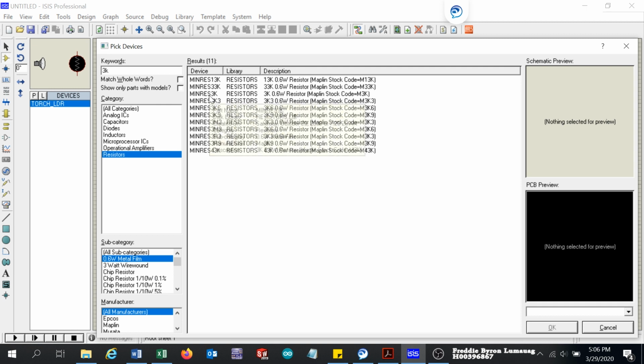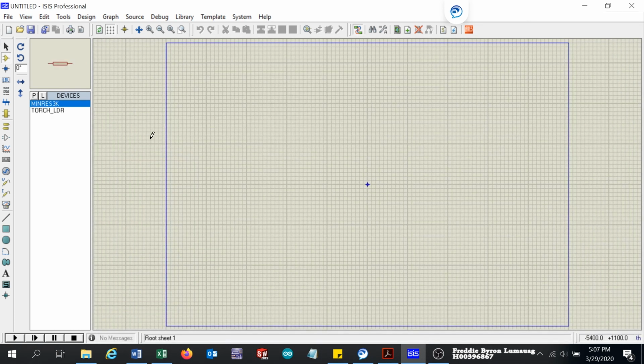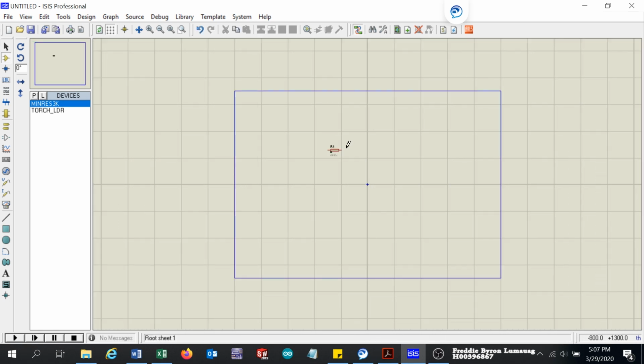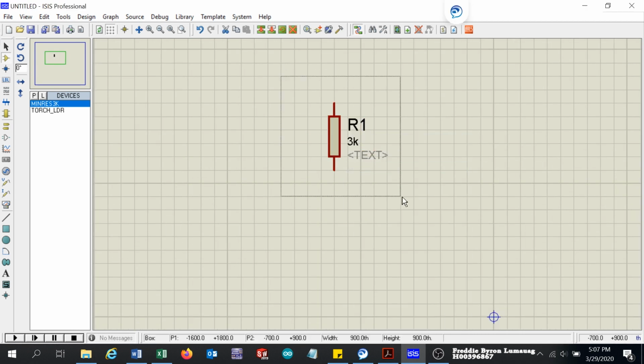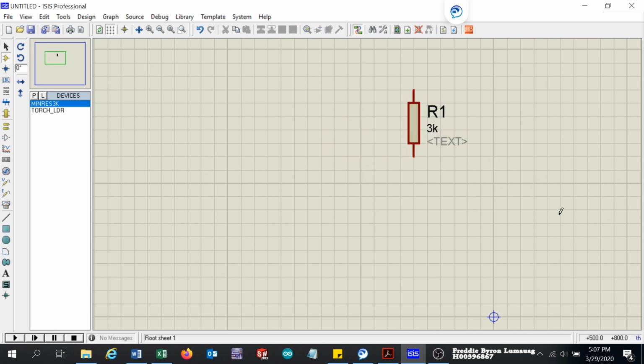So here this is 3 kilo ohms. I will click on this, click OK. Okay, so I will put the resistor here. I will rotate this, and I will put an LDR.